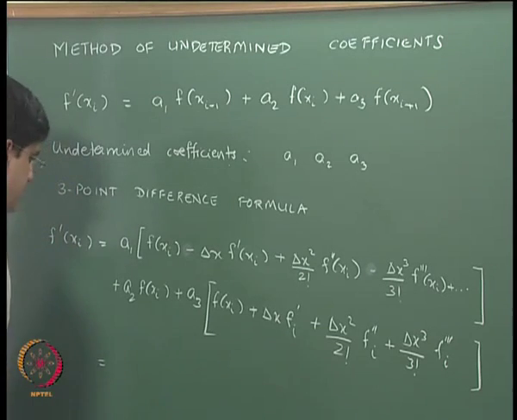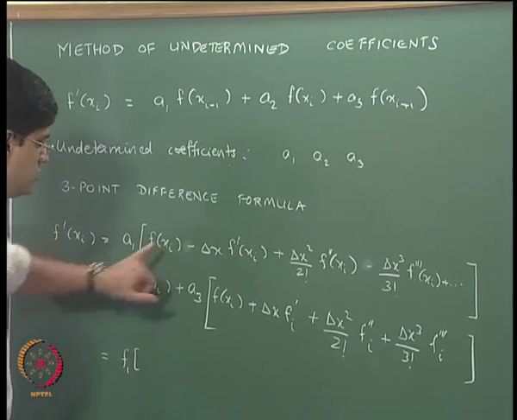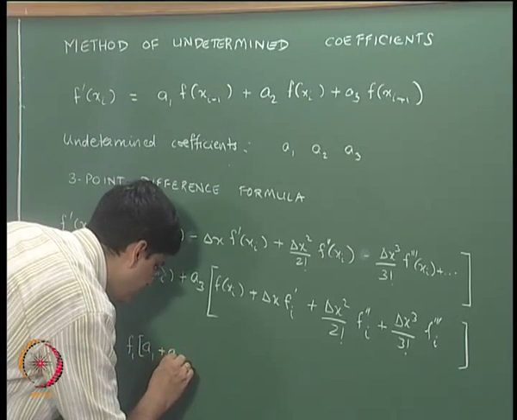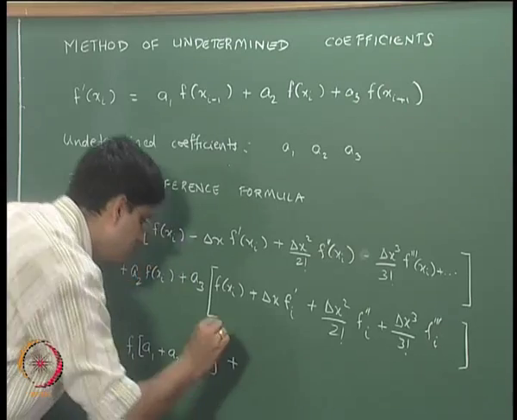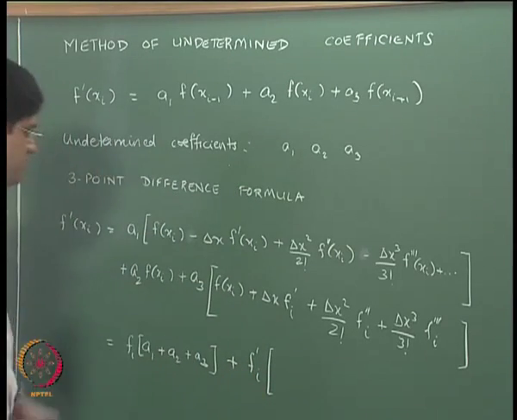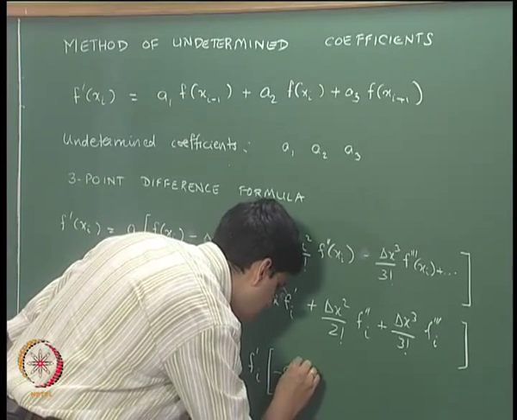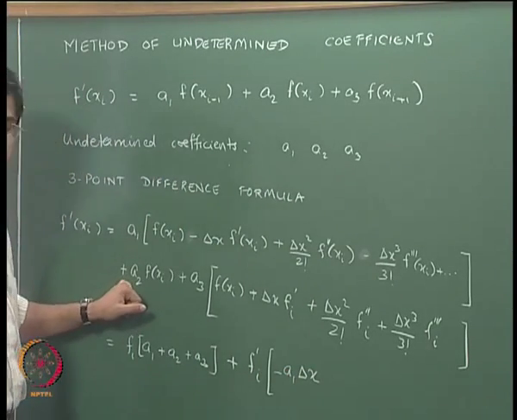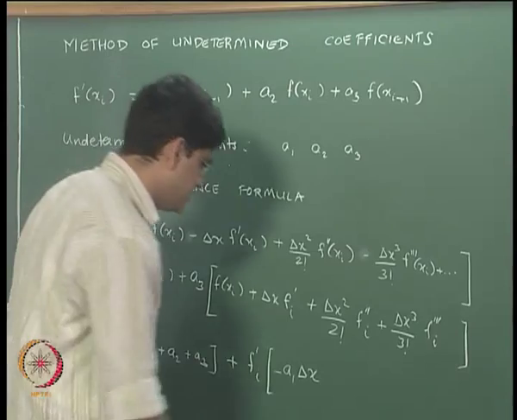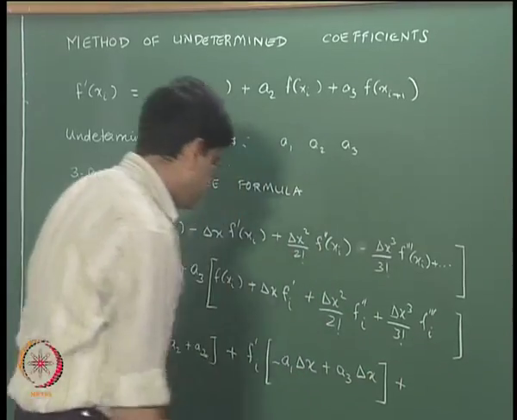So what we will get is f of x_i multiplied by a1 plus a2 plus a3, plus f dash of x_i multiplied by a1 multiplied by minus delta x, a2 multiplied by 0 because there is no f dash term over here, and a3 multiplied by plus delta x.